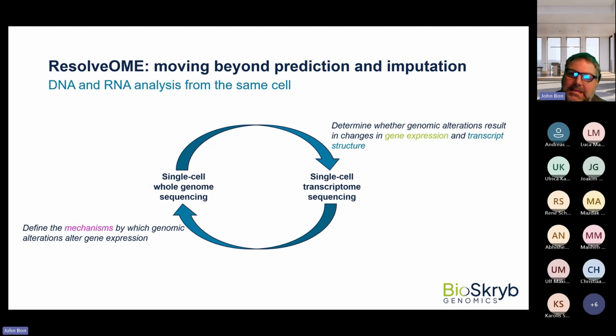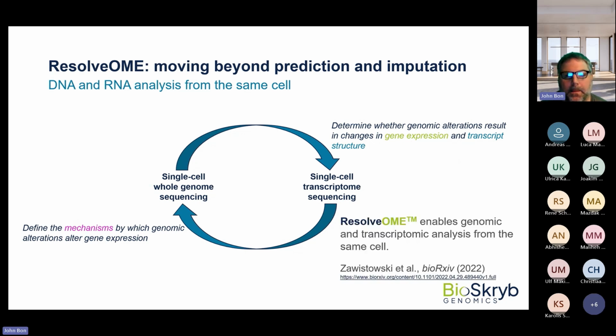You could look at a cell and see that P53 is not expressed in that cell, and then go back to the DNA from that same single cell and see that there's a copy number loss. I'm going to talk about a breast cancer study later that discusses that, for example. So very powerful, look at gene expression, but also look at the whole genome from the same single cells.